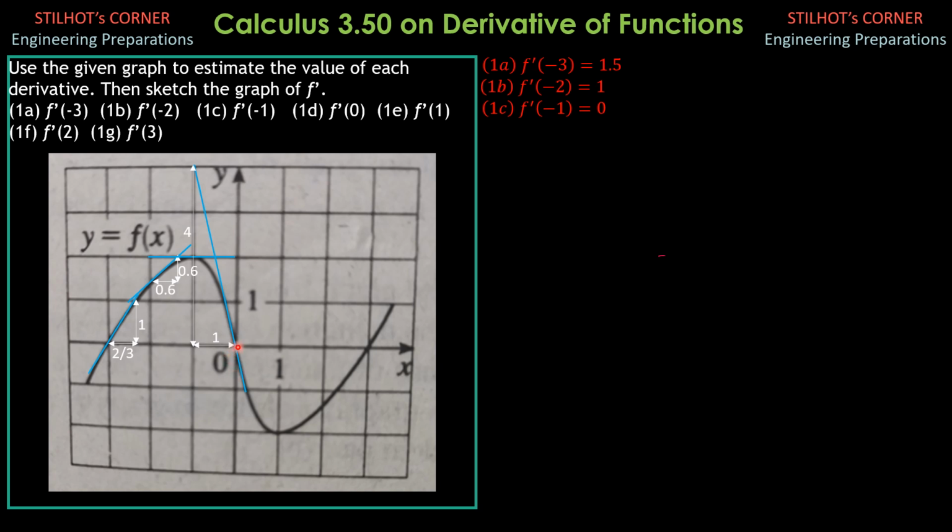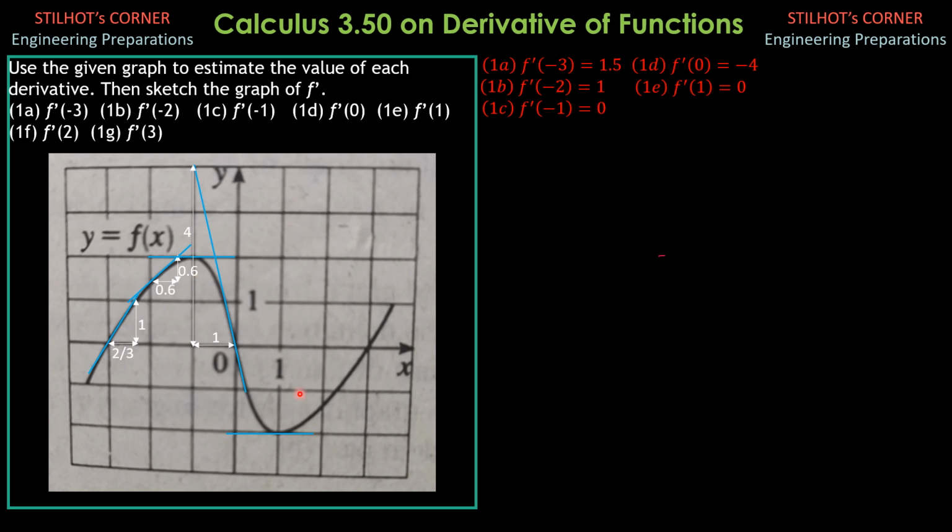So f prime at 0 is -4. Then at 1, this is again the lowest point, so the tangent is horizontal, approximately or maybe accurately. Therefore, f prime at 1 is 0.